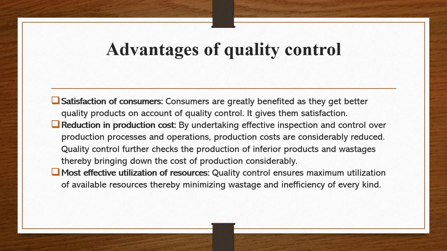So inefficiency in production means producing at high cost and producing low output using a long period of time. So if you carry out quality control as an entrepreneur, then that enables your business to maximize the utilization of available resources, thereby minimizing wastage and inefficiency in all forms.